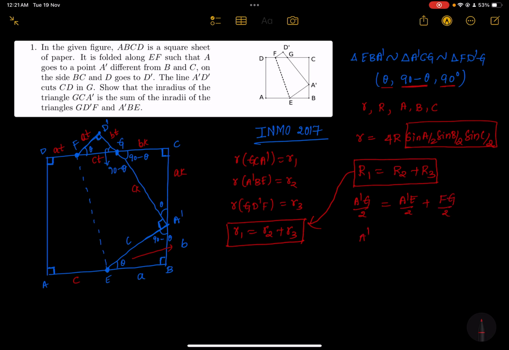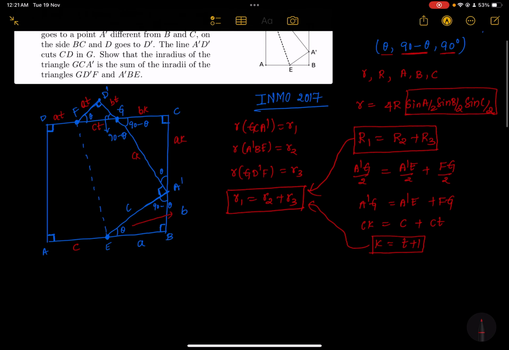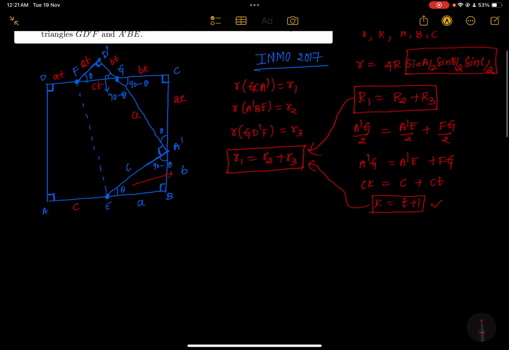So A dash G is equal to A dash E plus FG. A dash G is CK, which is equal to C plus FG, so K is equal to T plus 1. So proving that K is equal to T plus 1 is as good as proving R1 is equal to R2 plus R3. So we will go ahead and prove that K is T plus 1.